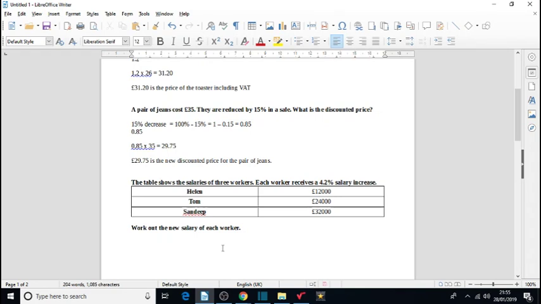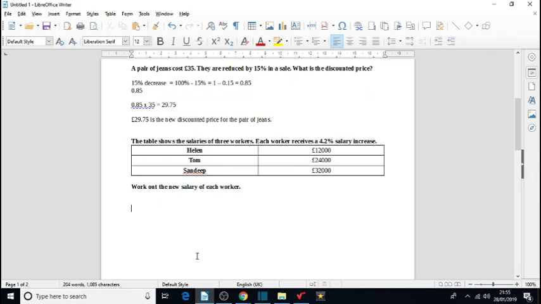There are 2 ways of working out a percentage increase and a percentage decrease. I've gone through one method for working out the percentage increase as well as the percentage decrease. And I'm going to show you another method on how to work out the percentage increase and the percentage decrease. Okay.